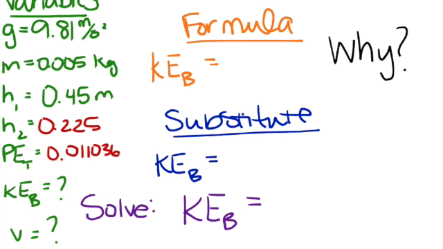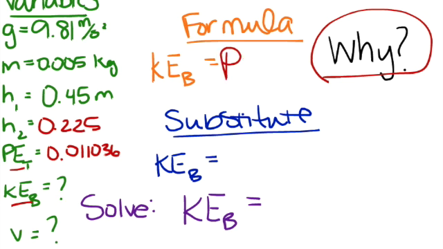And now that we've found the potential energy at the top of the descent, we can find the kinetic energy at the bottom of the descent. Now, because of the law of the conservation of energy, we can say that the kinetic energy at the bottom of a descent will be the same as the potential energy at the top of the descent.